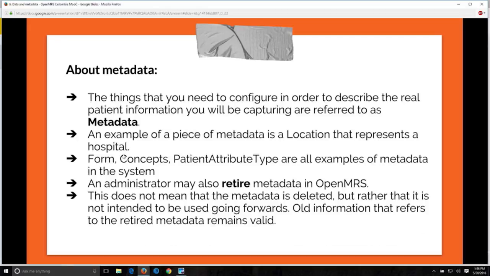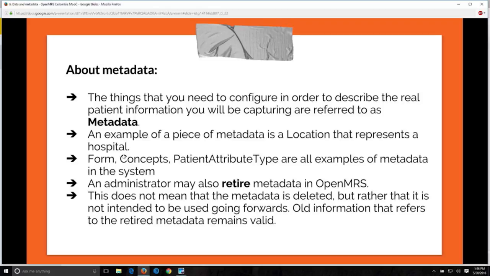Moving on to metadata, the things that you need to configure in order to describe the real patient information. For example, if I was capturing that someone had cough, the concept of cough would become metadata, and the observation of yes or no about the cough will be stored as data. So, that is the difference between data and metadata. Concepts are stored in the system as metadata, and the yes or no about that patient's observation becomes the data.